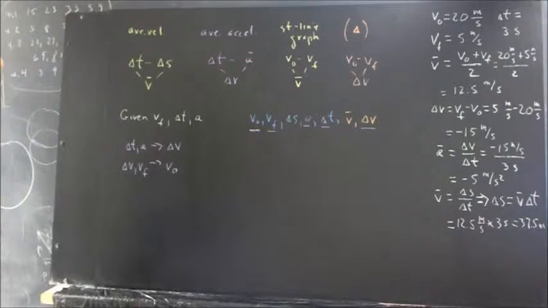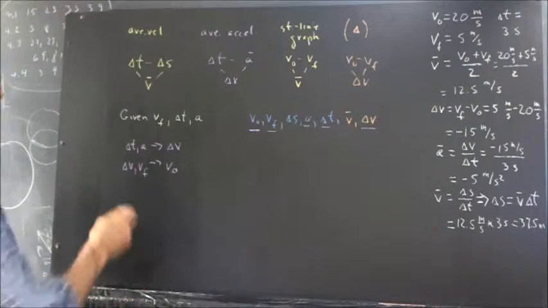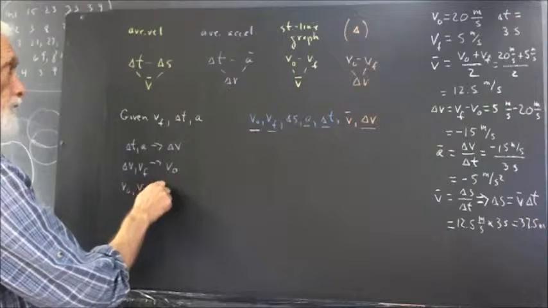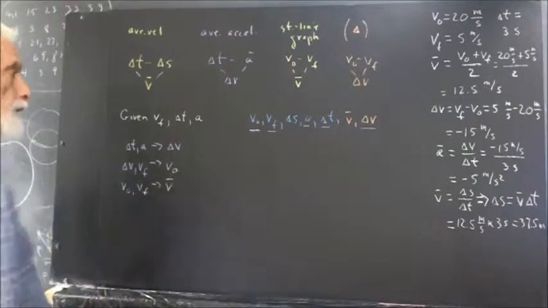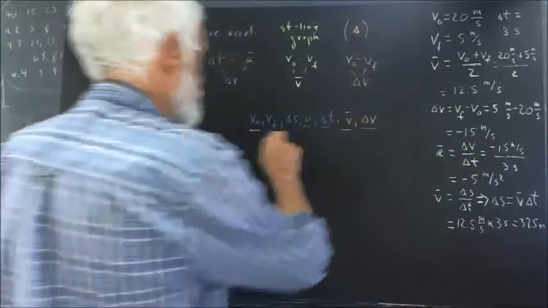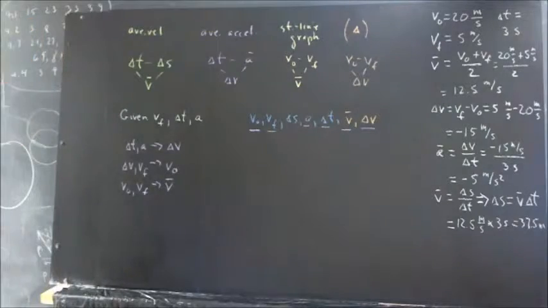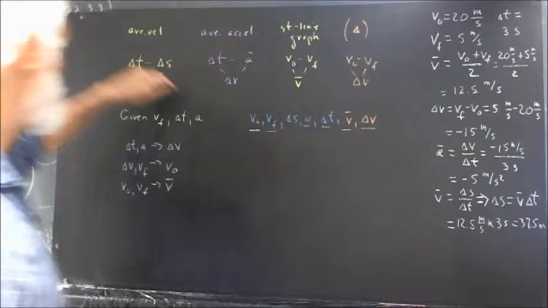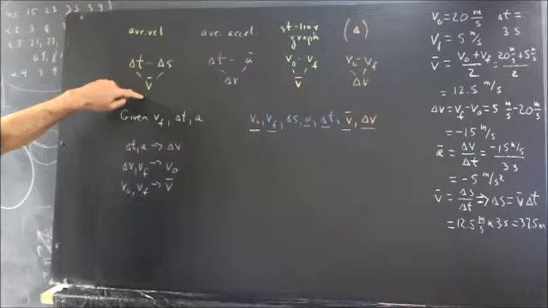Okay, so now V naught and VF give us V bar, and the only thing left is delta S. Now we know delta S and V bar, which go together in this triangle.